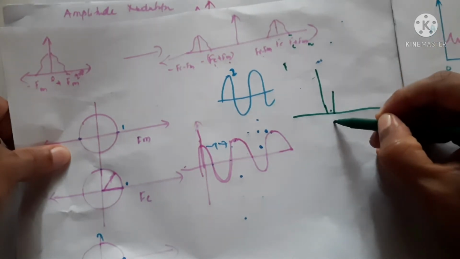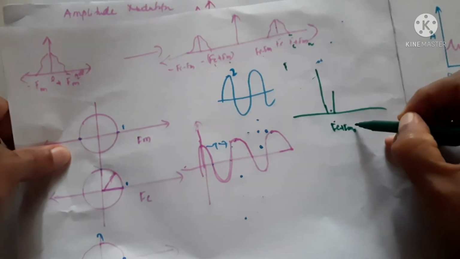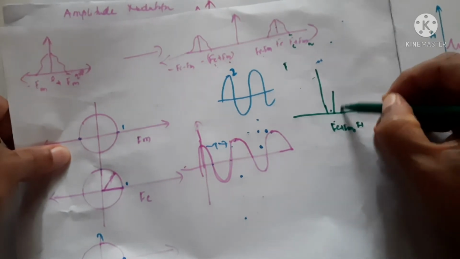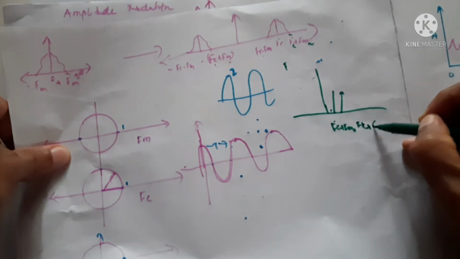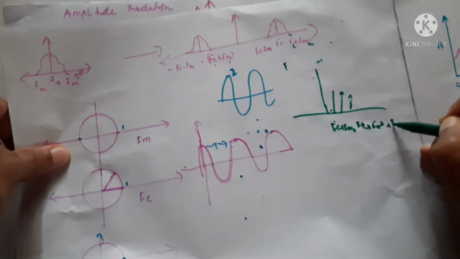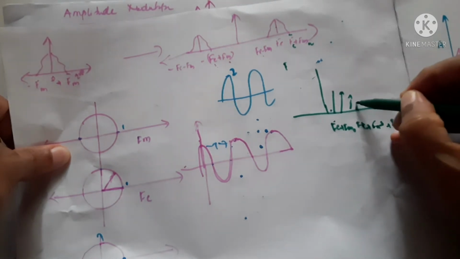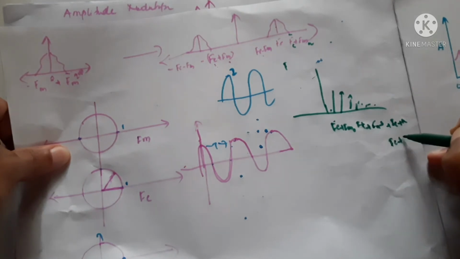This is FC plus FM1, FC plus FM2, FC plus FM3, FC plus FM4, like that, FC plus FMN.